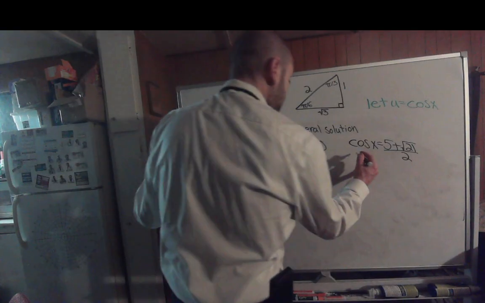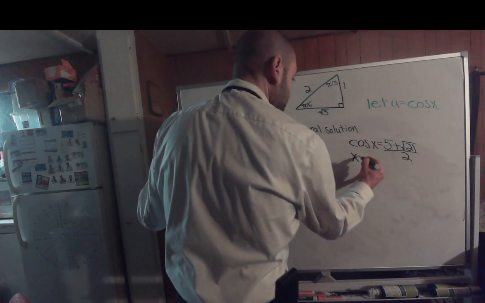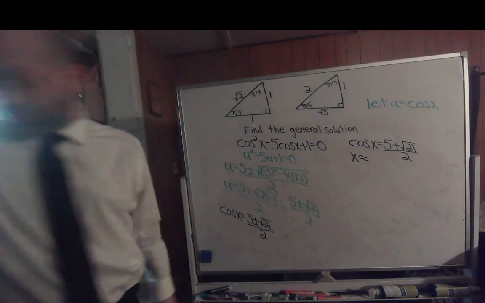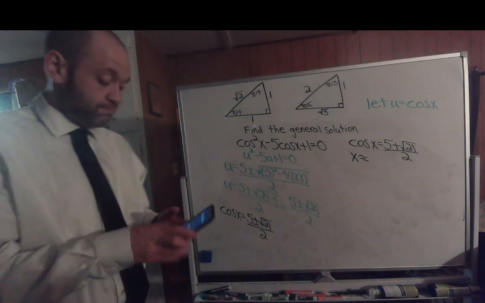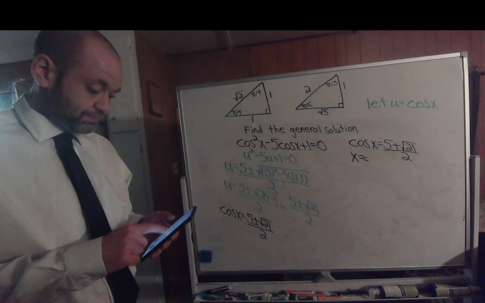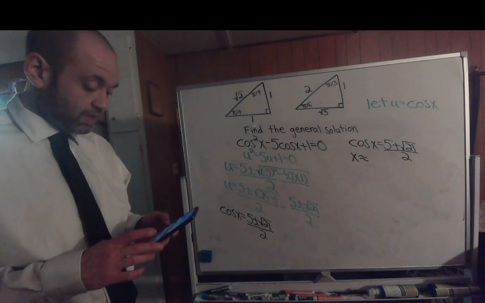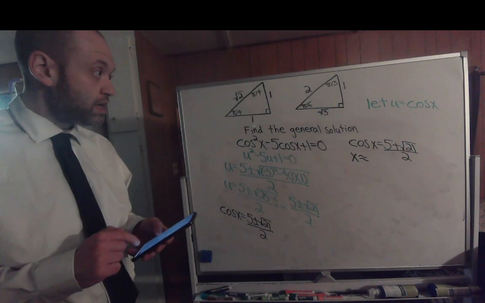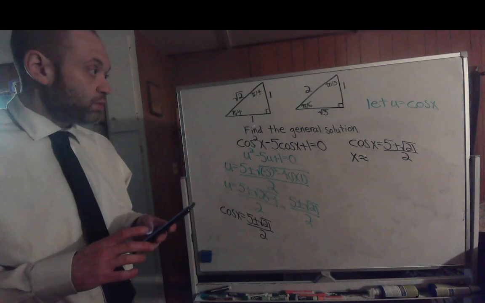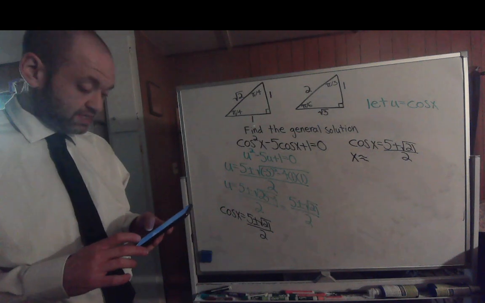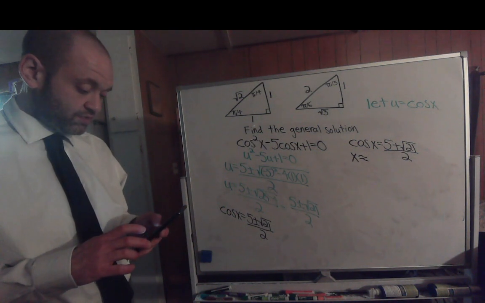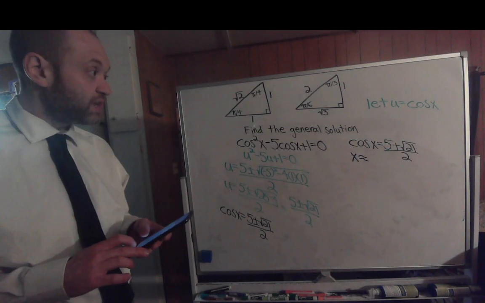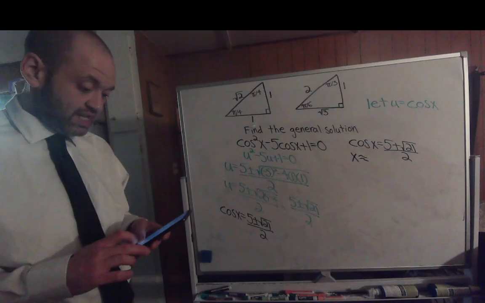So where are we going to have that? Let's just look at the intervals from 0 to 360. So we'll have 5 plus the square root of 21, divide that by 2.